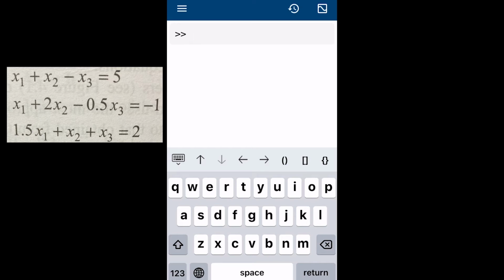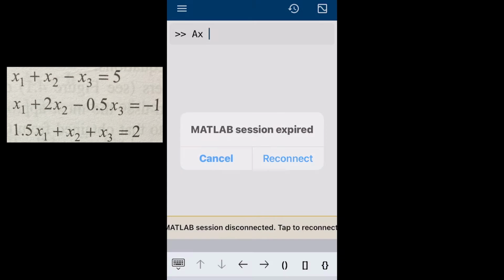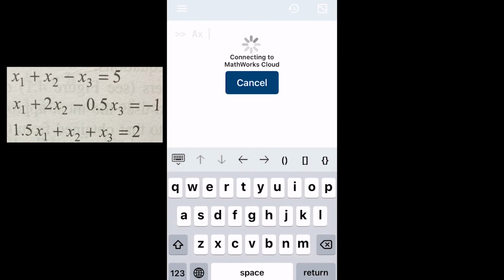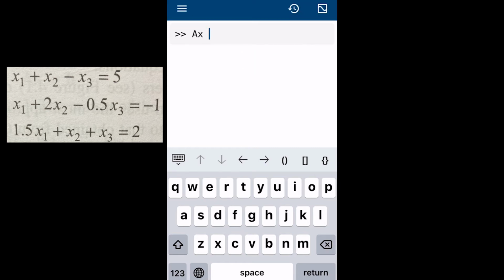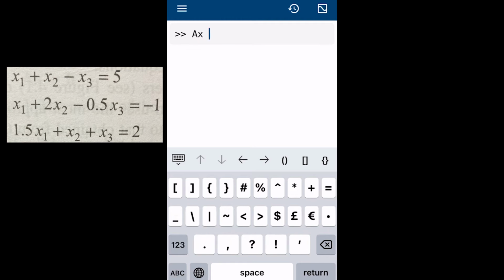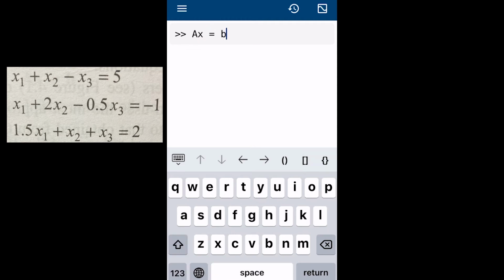Okay, so let's learn the first method. You already know, if you have a system of equations Ax = b, I'm just typing to show you.